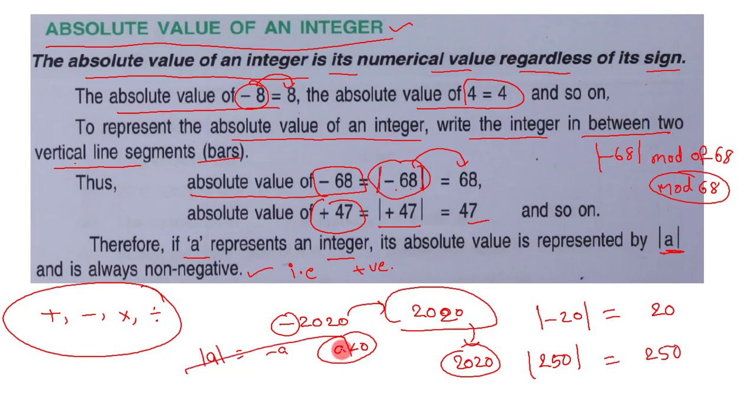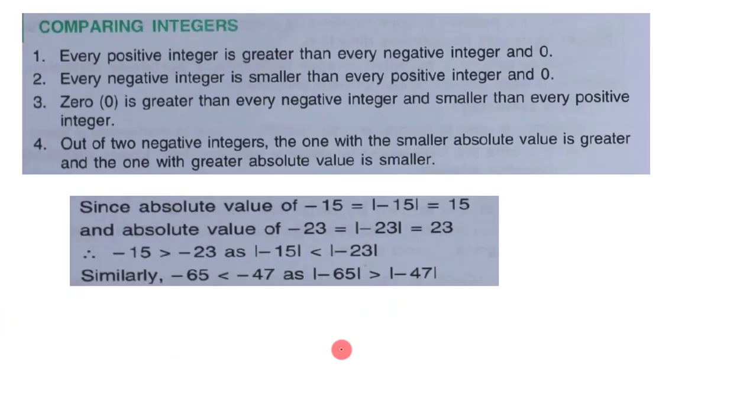That means when A becomes less than 0, you should know the comparison of integers. So let us discuss the comparison of integers. Comparison means what? Let us take a simple day-to-day life example. Let us say in a home there are two boys, boy A and boy B, and their parents want to give them pocket money.